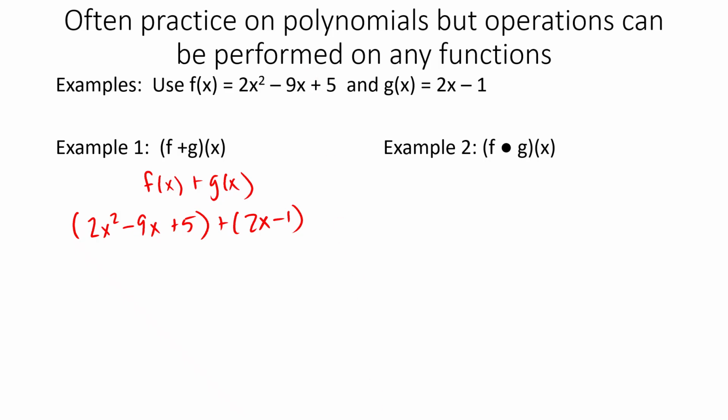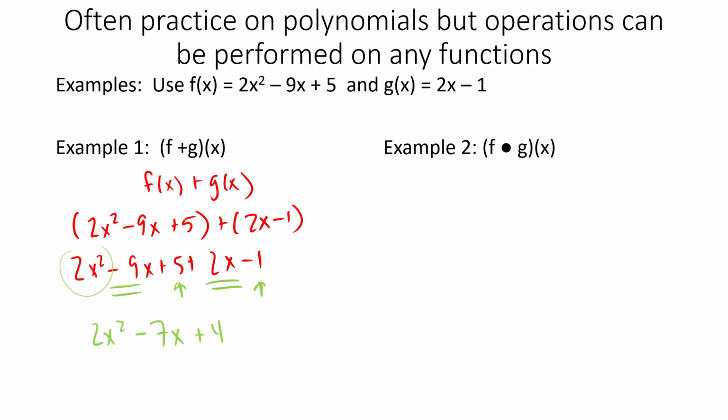Again, I am way overkilling it on the number of steps that I am showing, but we would now combine them. So we've got the 2x squared. We've got negative 9x plus 2x, which is negative 7x. And then we have 5 minus 1, which is 4. And that is my end result. That is the function f plus g of x.